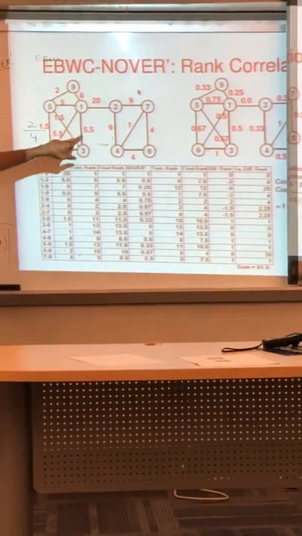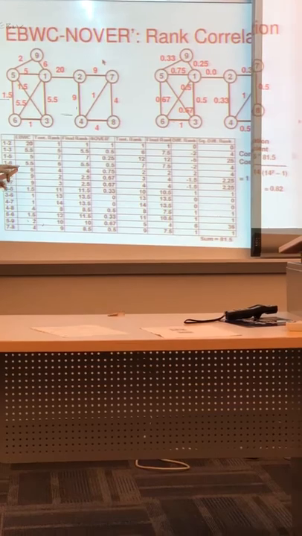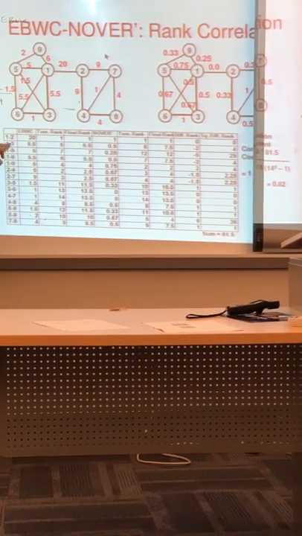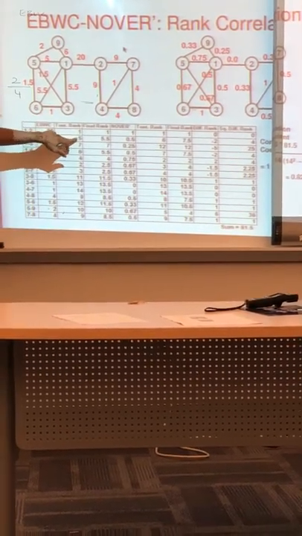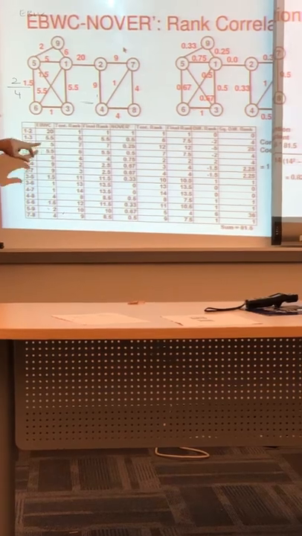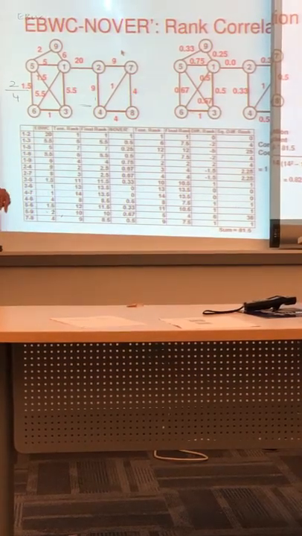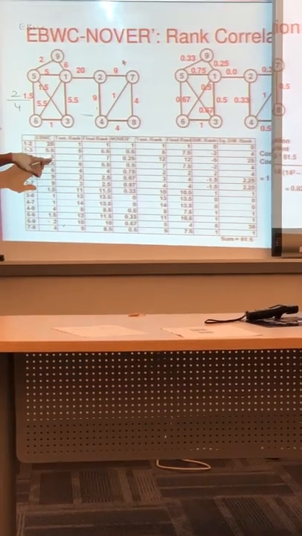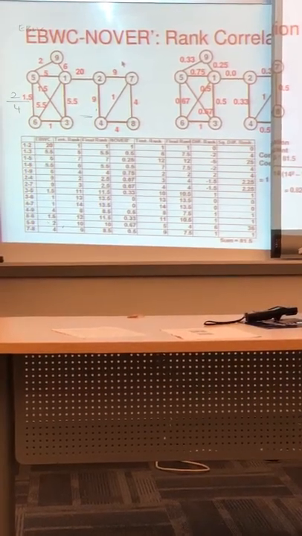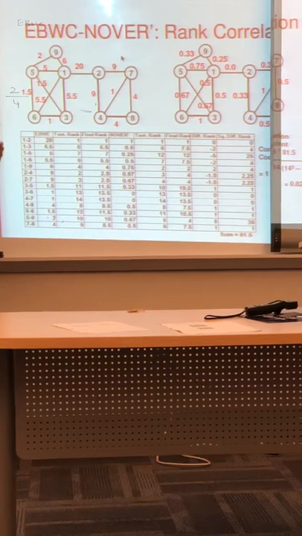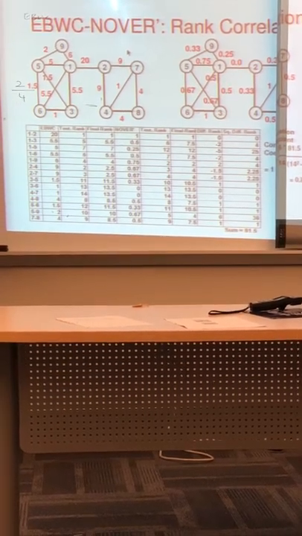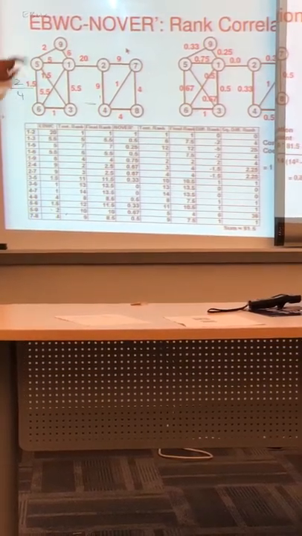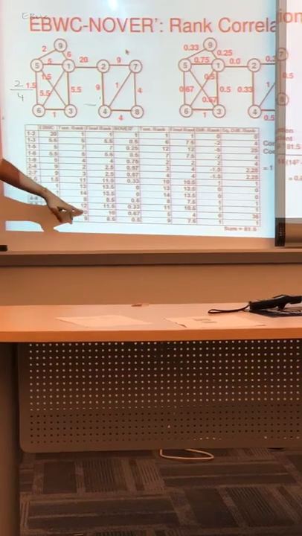There are two 5.5s, so 1, 3 with 5.5 gets rank 5, and 1, 6 with 5.5 gets rank 6. The next largest value is 5. There's no tie, so this just gets 7. And keep going. For the next largest value, 2, there's only one edge with 2, so that's 10.